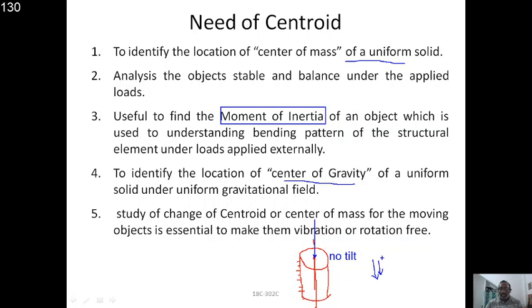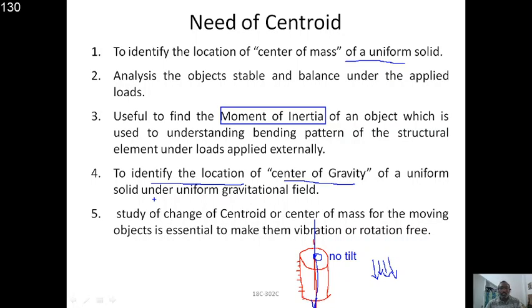If the acceleration due to gravity is uniform, meaning the lines are parallel to each other and their intensity is common, then this point will become the center of gravity. Identifying the center of gravity of a uniform solid under a uniform gravitational field is also easy if I know the centroid.